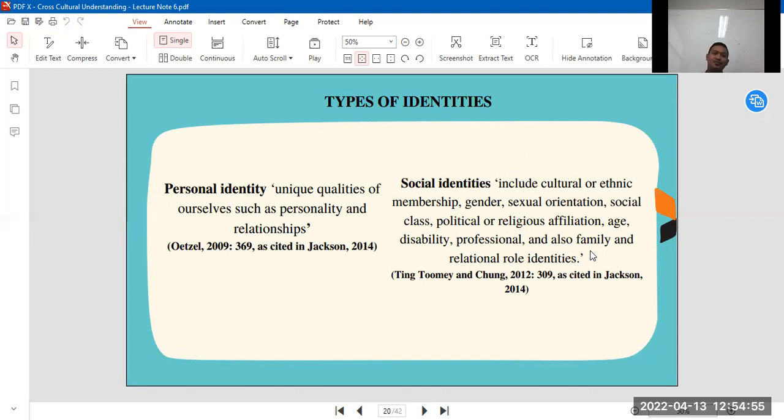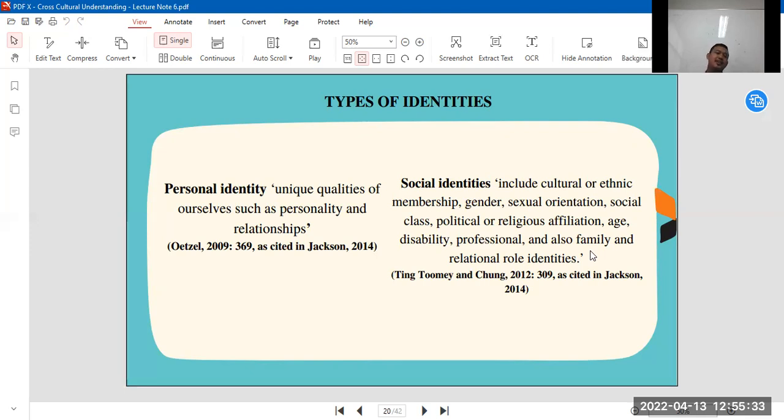All of these dimensions reveal who we are and can influence how we present ourselves and interact in different contexts and situations. Now let's take a look at some of the many types of identities that can impact our intercultural interactions and also influence the quality of the relationships that develop.